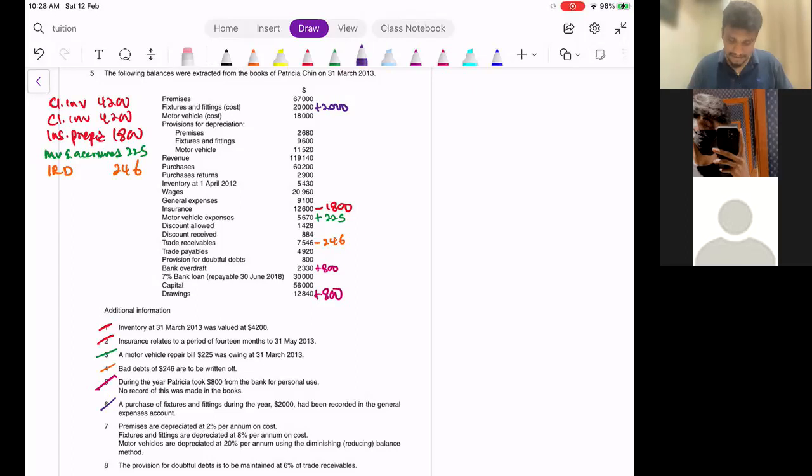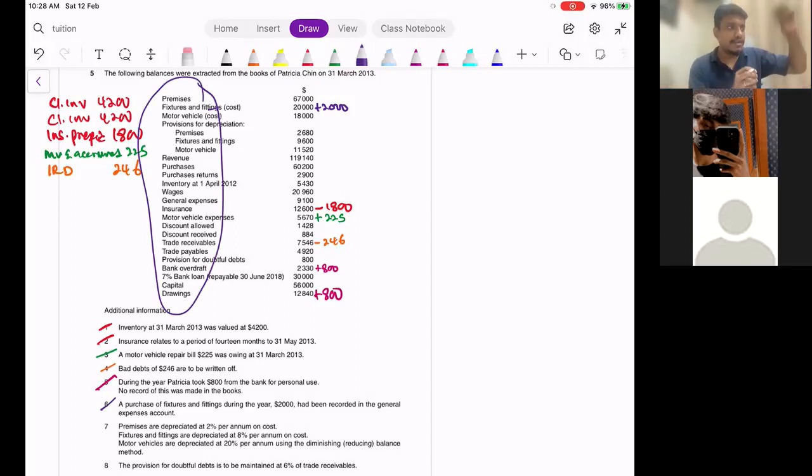Okay, you need to imagine like this. When I read this, I imagine all this is like accounts. Each account is like a box. One box is one account. So you will put in this box, this box, accordingly to the particular thing. If I buy the motor vehicle, I will put it in the motor vehicle box.